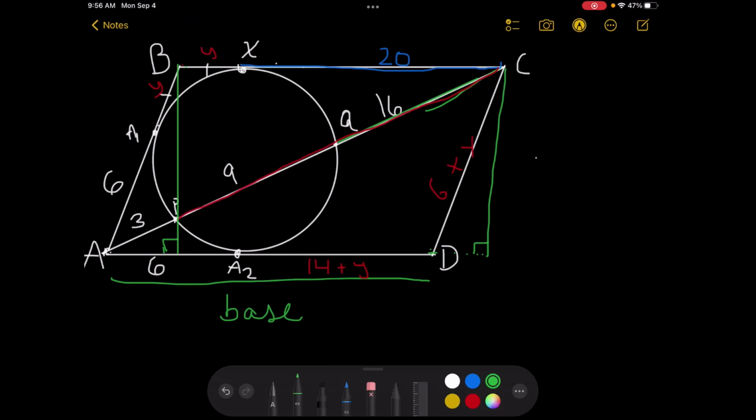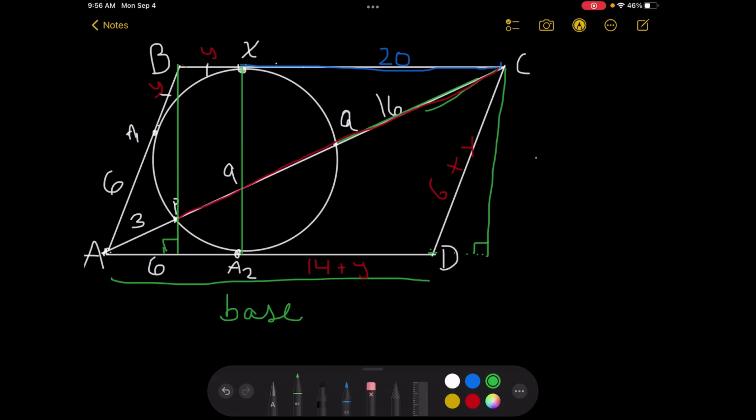And well, we could also do it here. We could connect the two ends, the two opposite tangent points of the circle, like that.